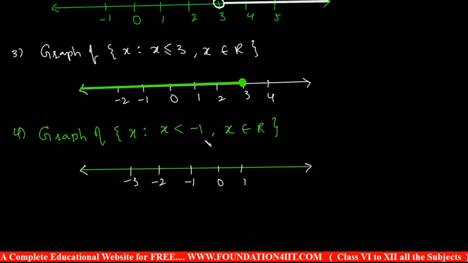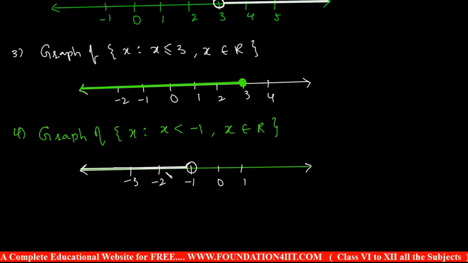Here x is less than minus 1, so minus 1 is not included. So keep an open circle, a hollow circle. From here, all the values less than minus 1, for the remaining values you keep the line on the number line, and make it dark till the arrow symbol. That is the meaning: minus 1 is not included.